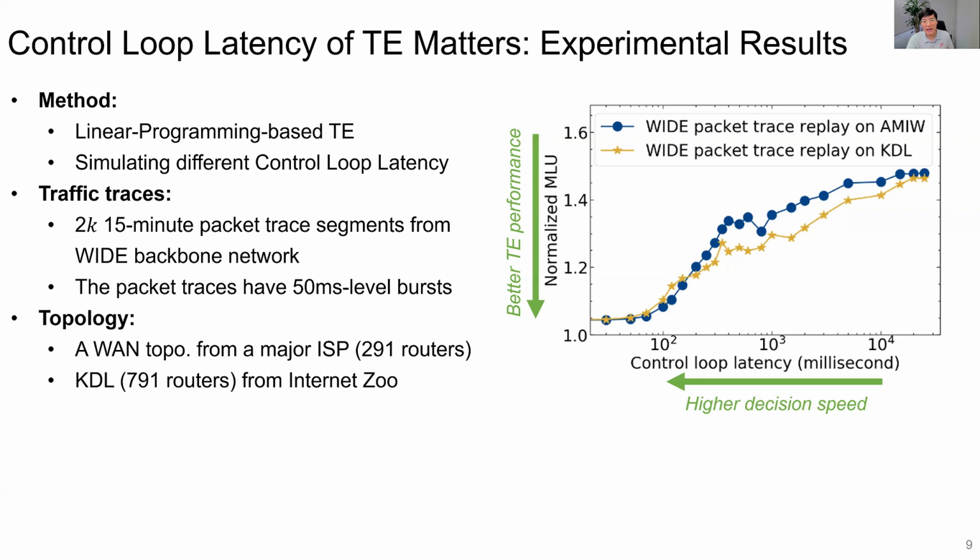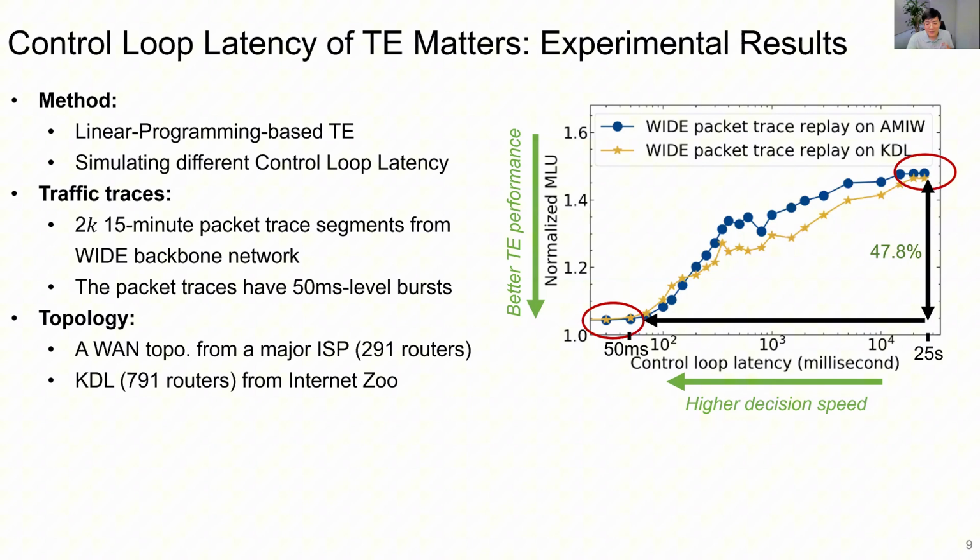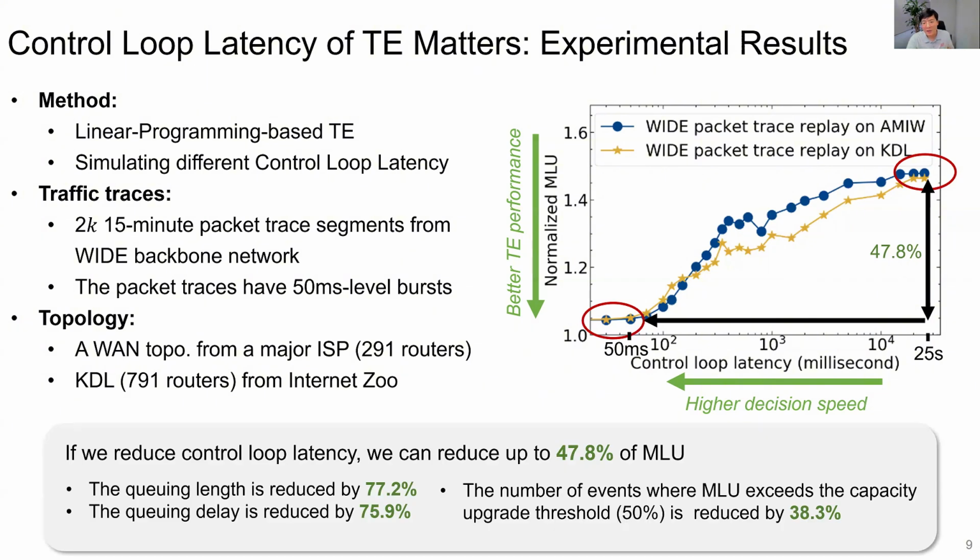The packet trace has 50 millisecond level bursts, and we use 2-1 topologies. The results indicate that when reducing the control loop latency from 25 seconds to 50 milliseconds, the performance of the TE system is increased by up to 47%. The number of events where link utilization exceeds the capacity threshold is also decreased.